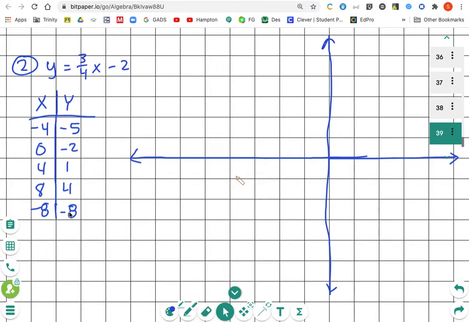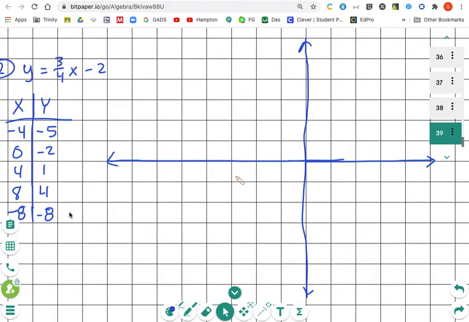So we're going to come over here and graph our equation. So -4, -5. 0, -2. 4, 1. 8, 4.